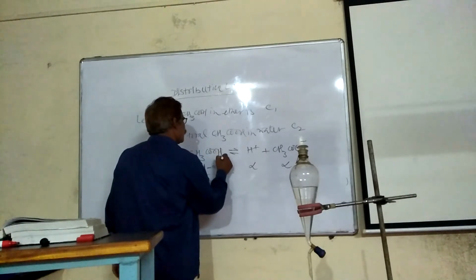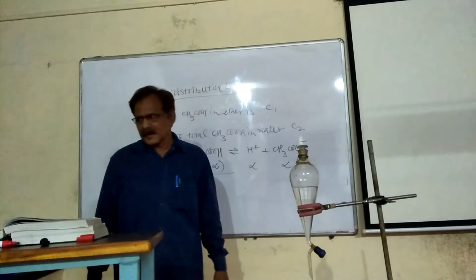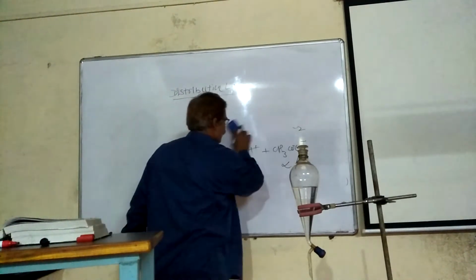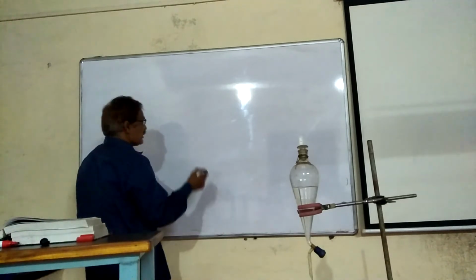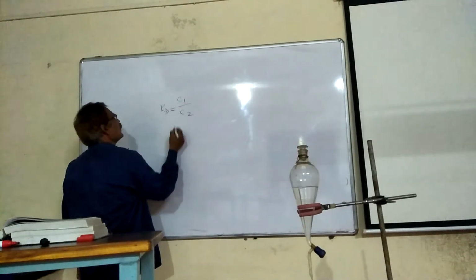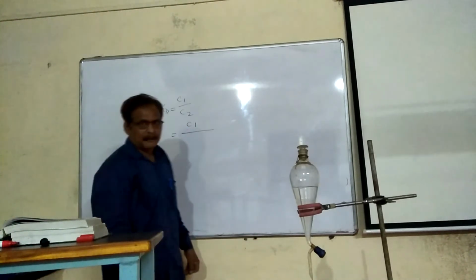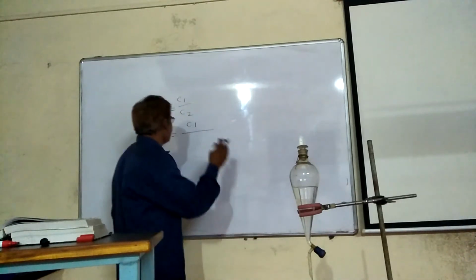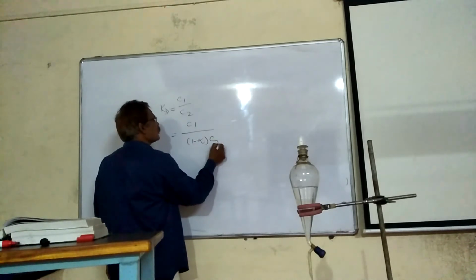Substituting for the value of the concentration of acetic acid in normal state in aqueous layer and in ether layer in the mathematical expression of distribution law, that is Kd is equal to C1 upon C2, here C1 is equal to C1, no doubt, but as far as C2 is concerned, the concentration of undissociated acetic acid molecules in aqueous layer is 1 minus alpha into C2.